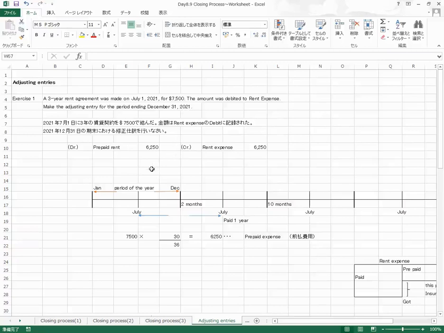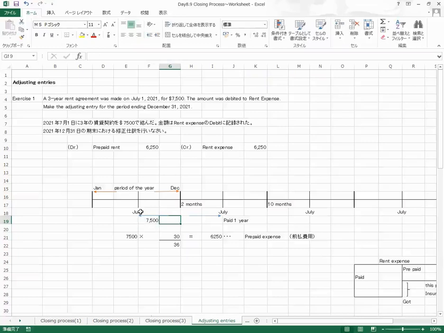So how do we make the adjusting entry? Look here. The period of the year is January to December. In July, you paid 3 years' rent expense, 7,500.